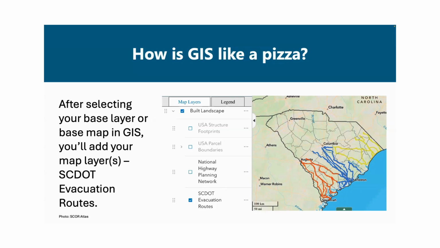To our community map base map, we have added South Carolina Department of Transportation evacuation routes as a second map layer. What we can see here is that SCDOT evacuation routes exist generally between the coastal areas in South Carolina and the middle of the state.